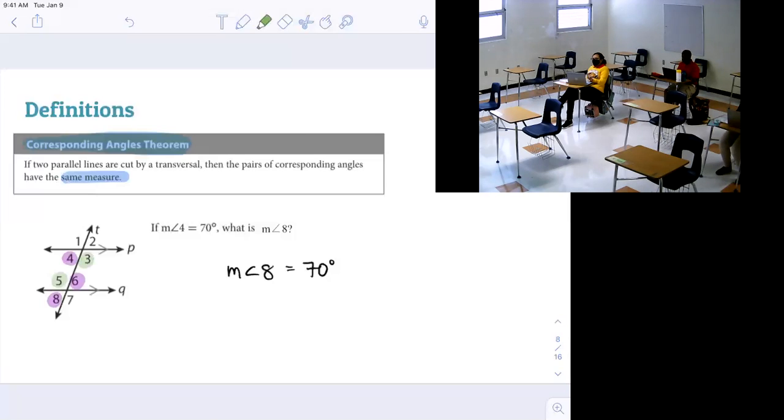Wait, any line on the transversal is equal to 180? Yes, because it's a straight line, right? So 5 and 6 are on the same line, line Q, so those would equal 180. 4 and 3 are next to each other on line P, so those also add up to 180. So line T is 180, 4 and 3 is, okay, got it. Cool.